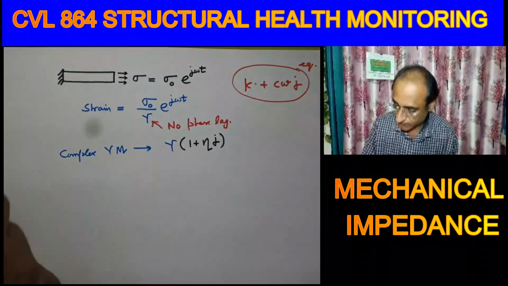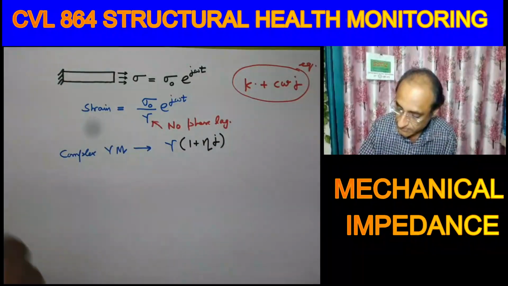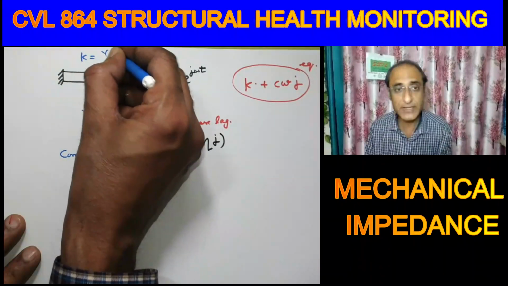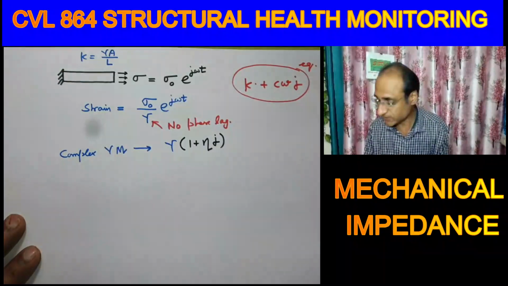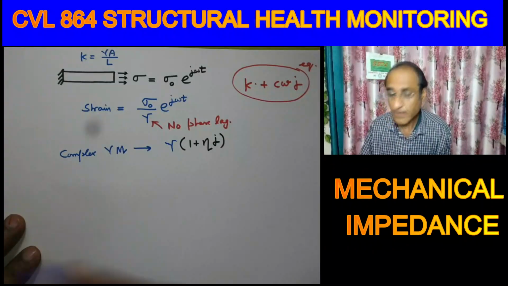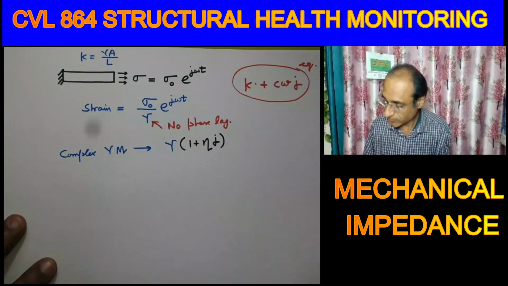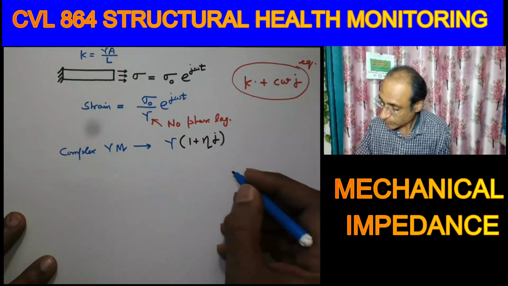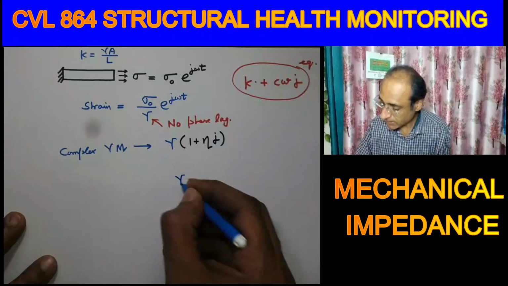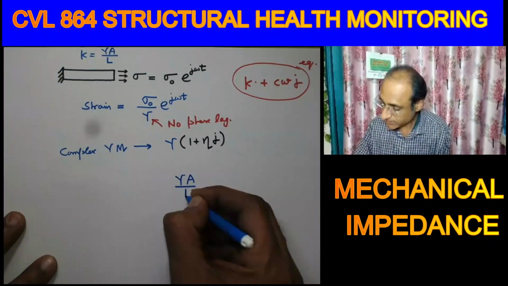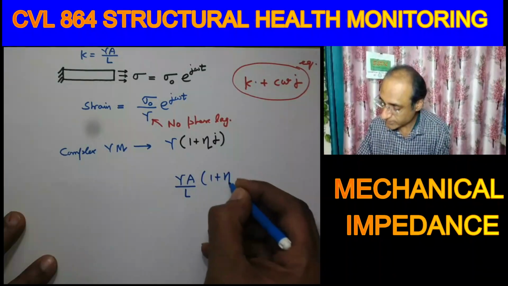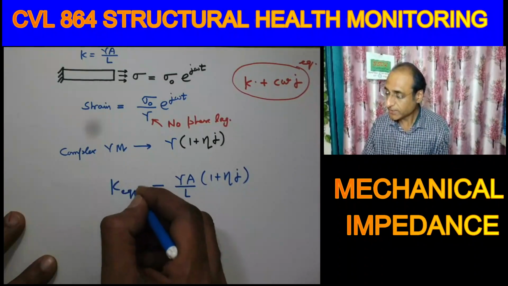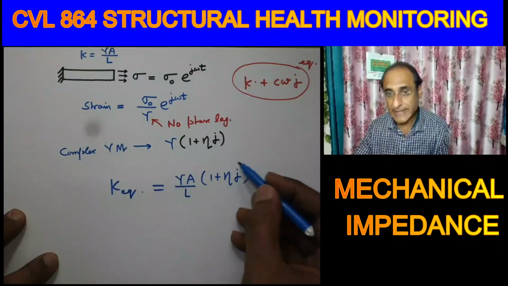The stiffness K of an elastic bar is nothing but its Young's modulus times area, divided by the length. If we define a complex Young's modulus, our stiffness will be YA/L (1 + ηj). That will be our equivalent stiffness, and this includes the part from the damping itself.